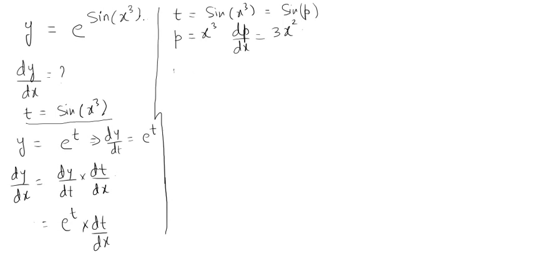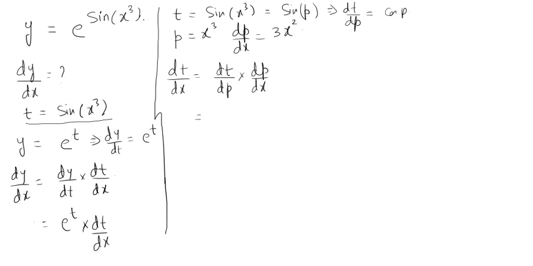So dt by dx is equal to, now I have an intermediate variable which is p, dt by dp into dp by dx. Now dt by dp, t is sine p, so this will give dt by dp is equal to cos of p.